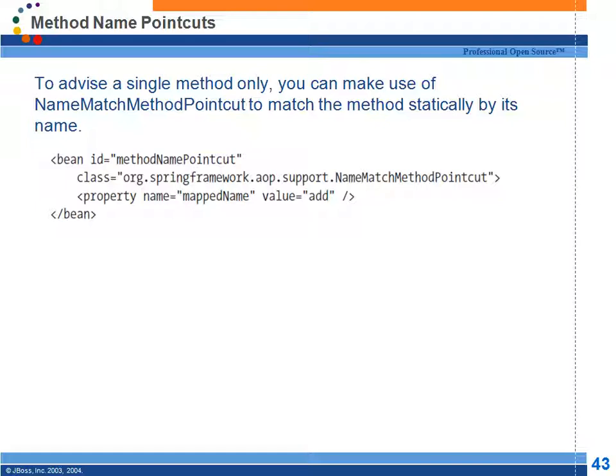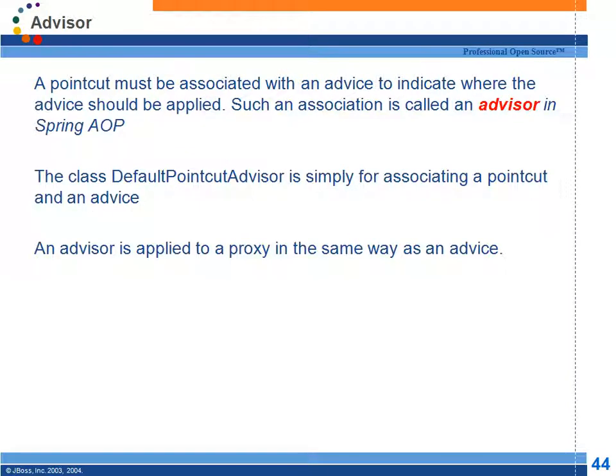Once you define this pointcut, which maps only to add, the next thing is you need to create something called an advisor. An advisor is nothing but a combination of advice plus pointcut. Advice plus pointcut is called an advisor, right?